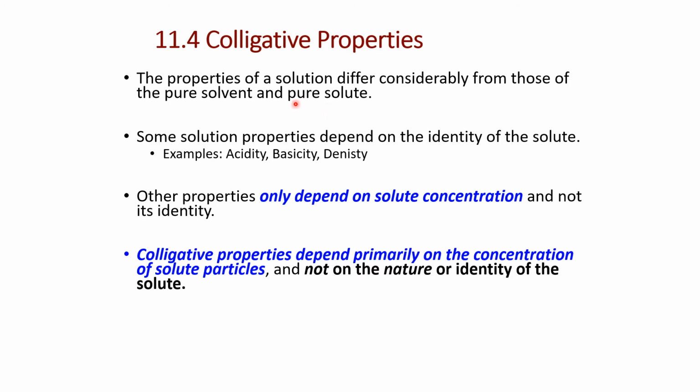Now, one of the cool things that we can do a lot of science with is they only care how much, not what it is. So we can use that to do some special tricks. We're going to use it in one of the labs when we talk about freezing point depression.